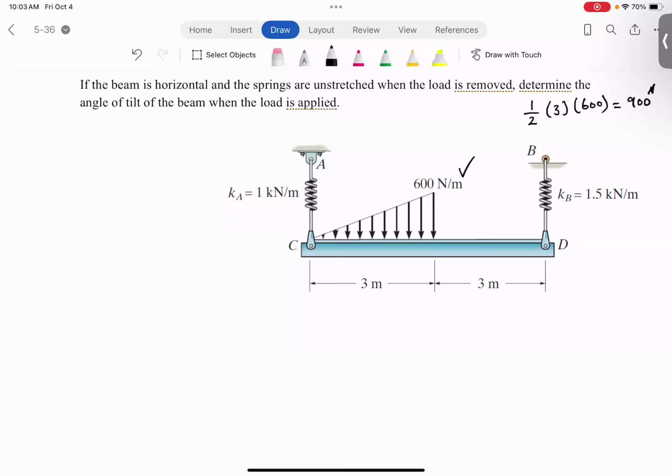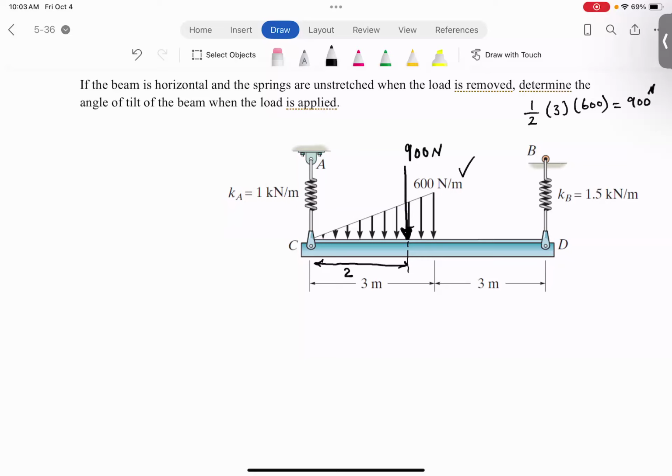The centroid of the right triangle is 1/3 from the right angle side and 2/3 from the other side. So 2/3 of 3 meters is 2 meters. So I can place that 900 newtons right there.